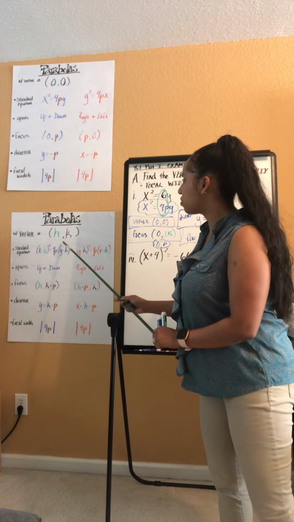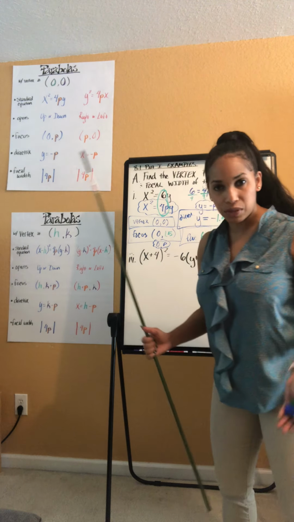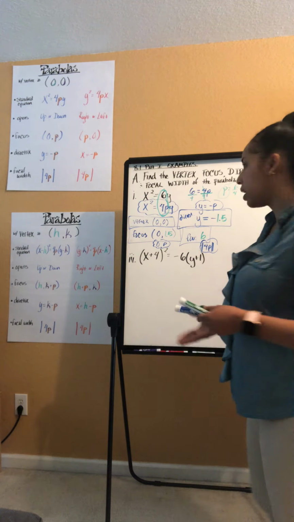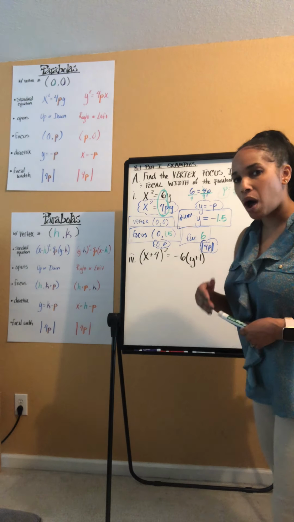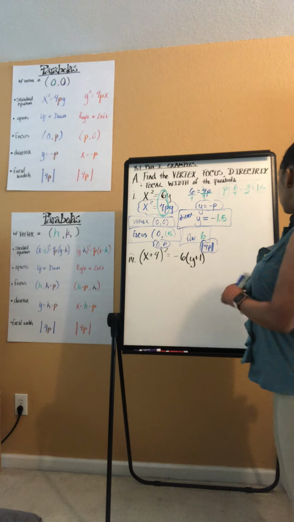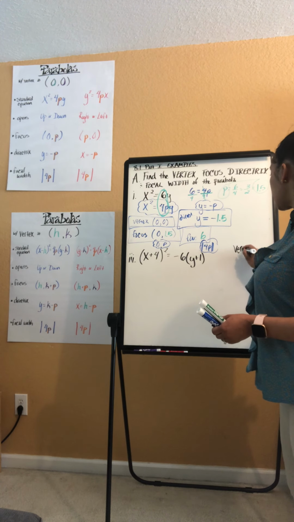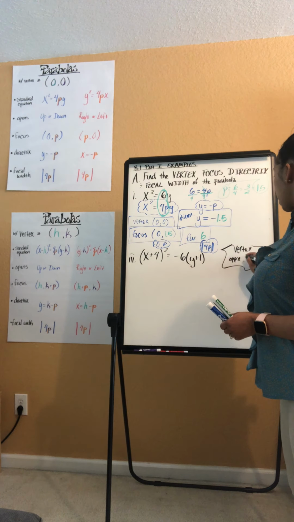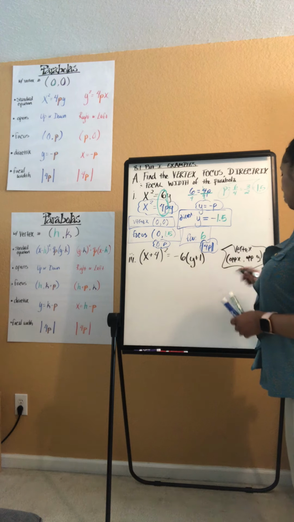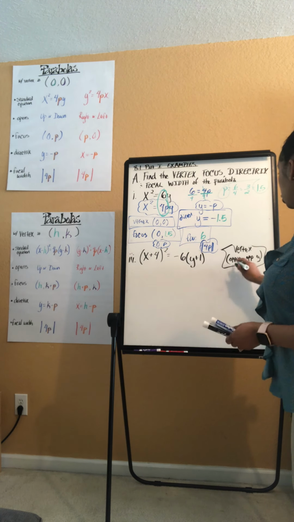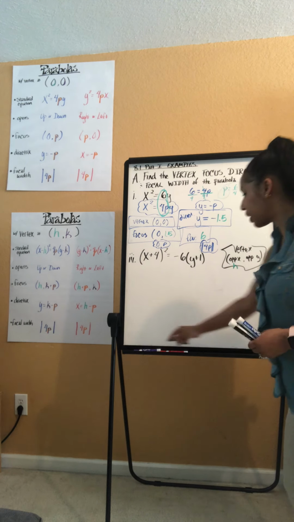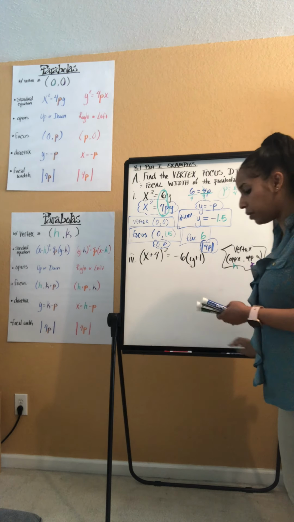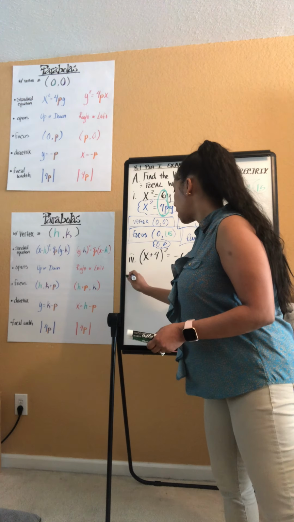I am at H, K. Now, H and K are actual numbers. We just have to figure out what they are. I want you to think, whenever you see H, K, it's opposite X, opposite Y. Your vertex, and that's key, is always opposite X, opposite Y. Opposite X is your H, and opposite Y is your K. And H, K is my vertex.